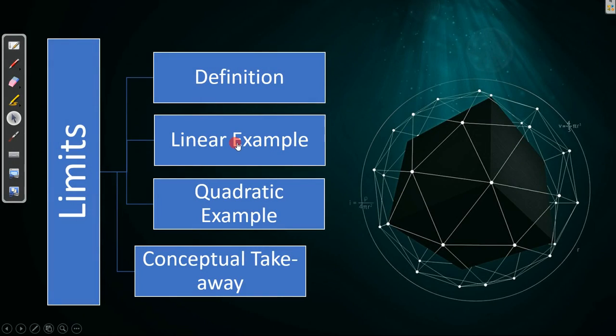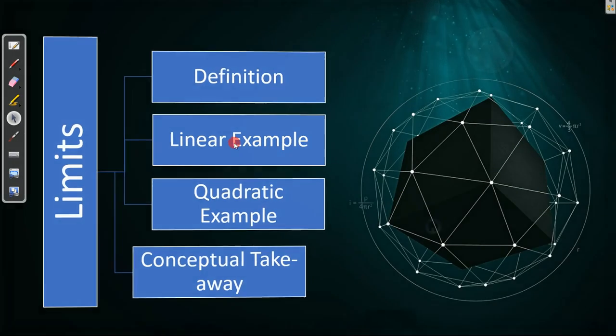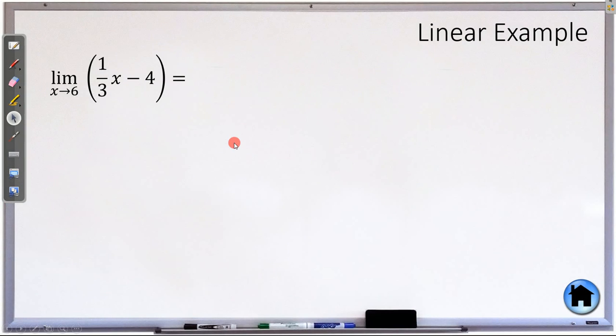We're going to do a linear one first. Those are the most simple. Okay, so I'm going to start with those two statements one more time. So we have our nice limit here. Actually, let's figure out what this limit is. No funny business here, so we can just plug in 6. 6 times 1/3 is 2, minus 4 is negative 2.